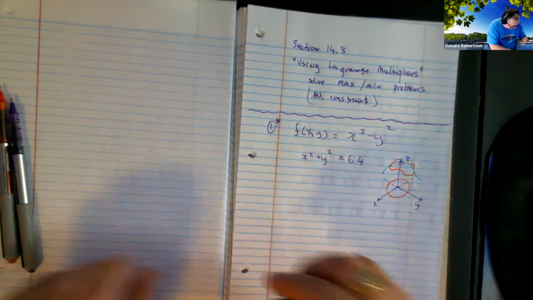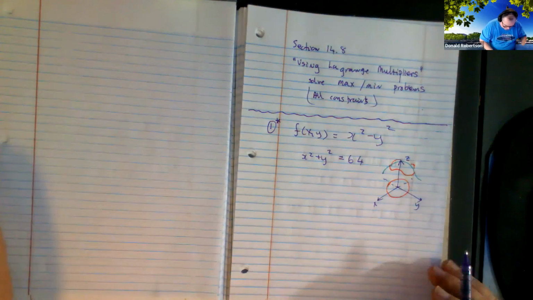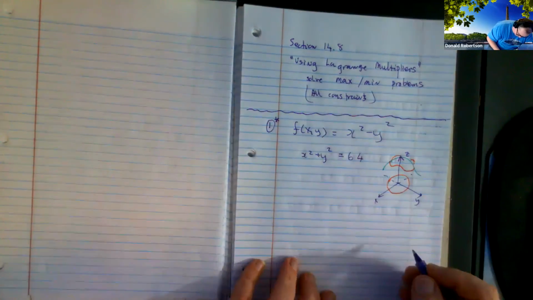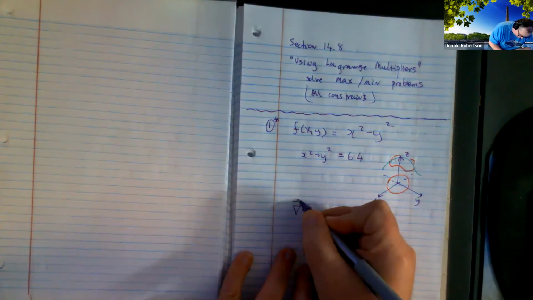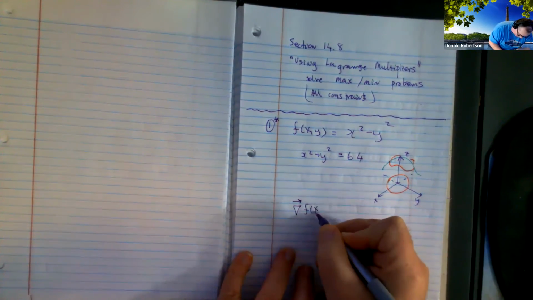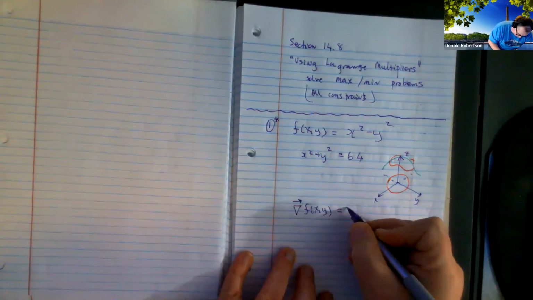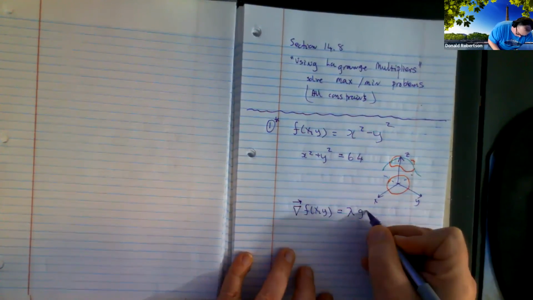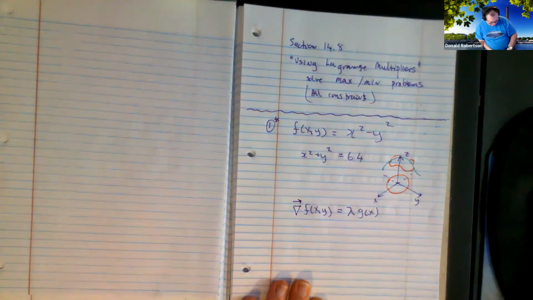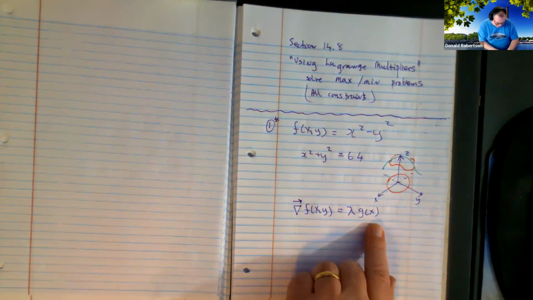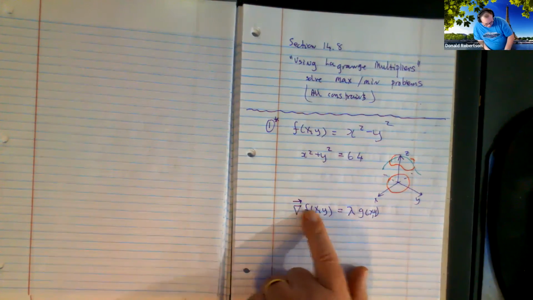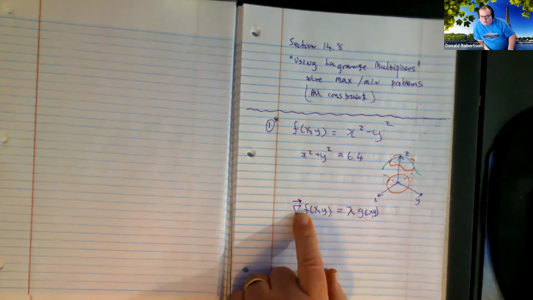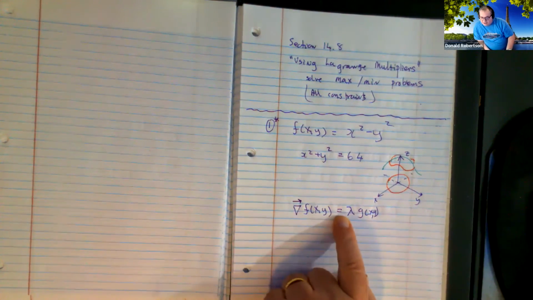So how do we solve it? Well, Lagrange found out that if you find values of x and y such that this is true, remember the gradient function we did back? They've got a lambda and a g.